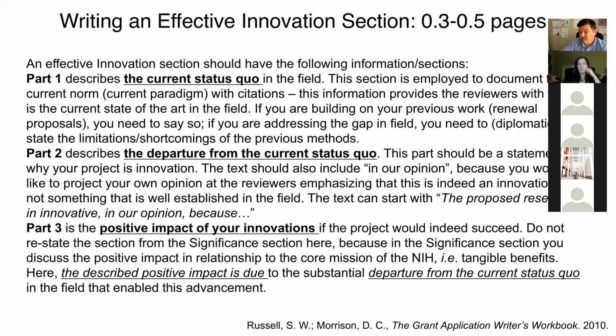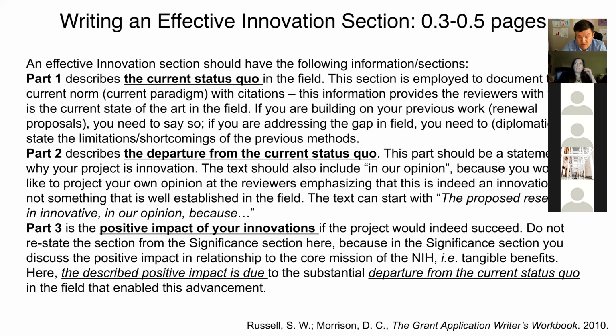And again, it's important to state that this is your opinion because this is something new, something that is not established. And it also highlights that this is your idea, this is your innovation. So you can start this section with text such as, the proposed research is innovative in our opinion because, and then you explain the reason why this is innovative.